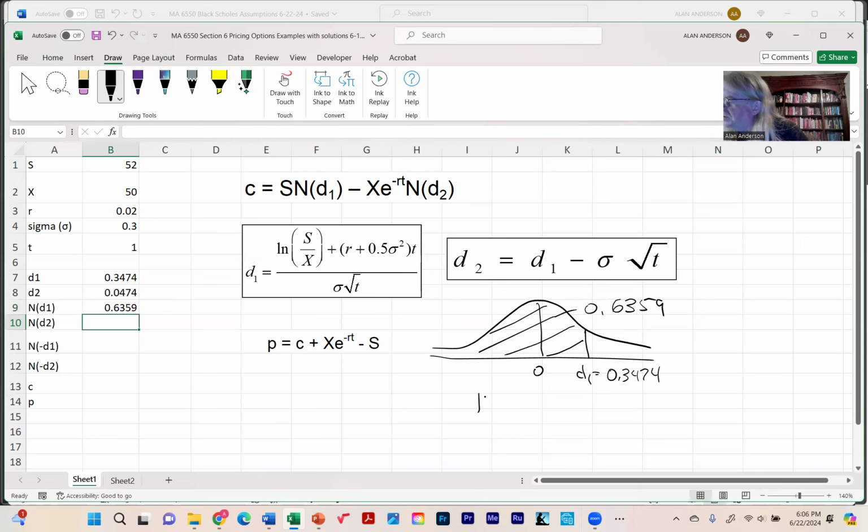Which is equivalent to saying the probability that Z, the standard normal distribution, is less than or equal to 0.3474 is 0.6359.